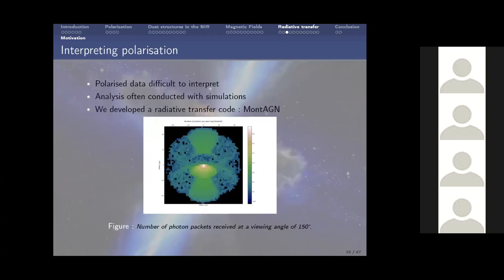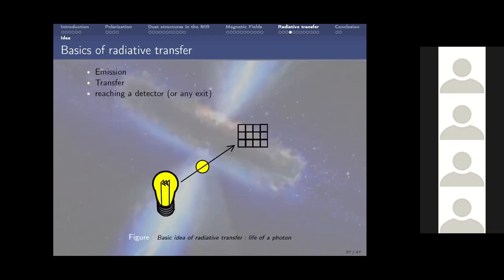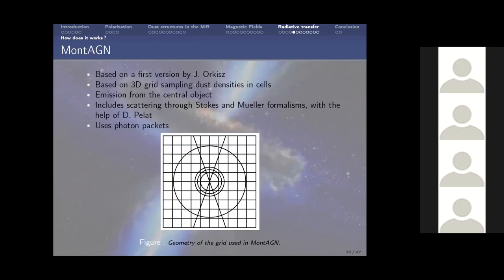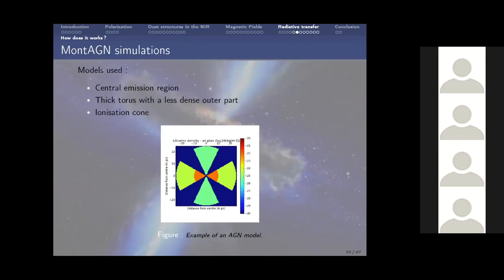So I'm going to go a bit faster on explaining how the code actually works. I'm working with photon packets. We're not using just one single photon propagating through the medium, but a bunch of photons, which allows more efficient calculation. It's a grid we are using, but we can come back to that if you have a question.